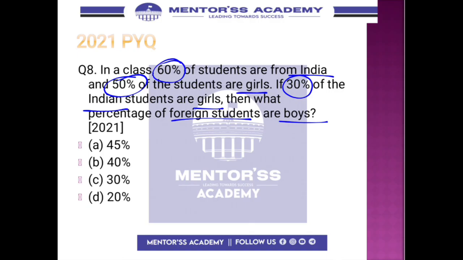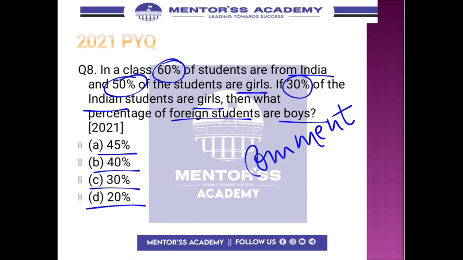Options are 45%, 40%, 30%, and 20%. You solve this question and drop the answer in the comment section below. We'll be solving this in our next lecture, and we'll again practice more advanced questions of percentage.